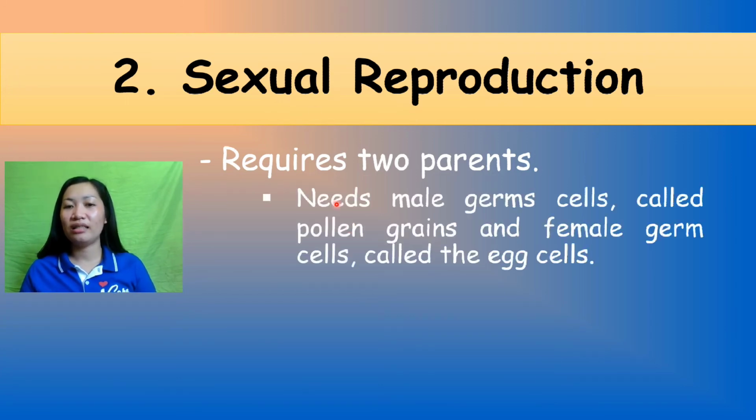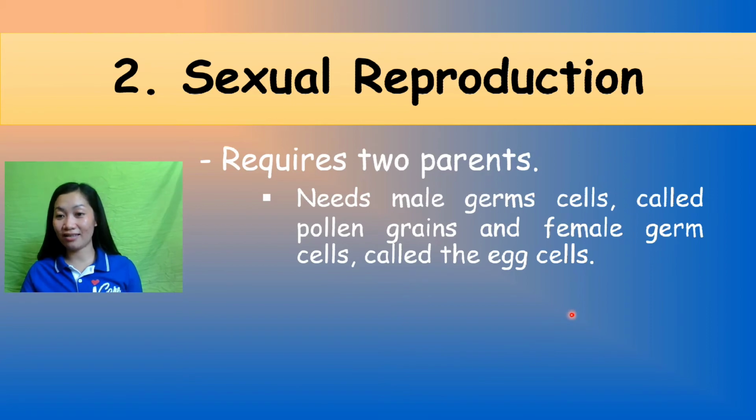They need a male germ cell called the pollen grain and a female germ cell called the egg cell.